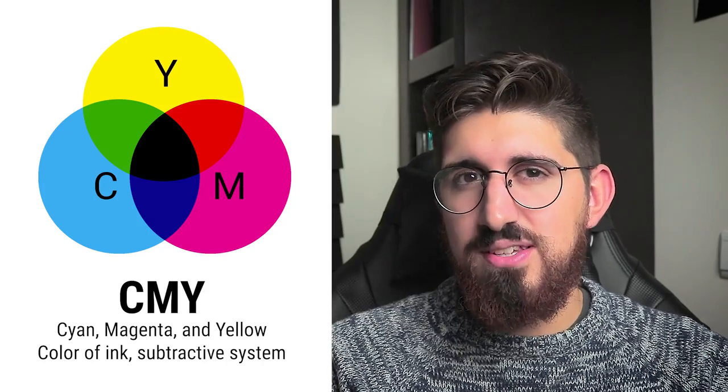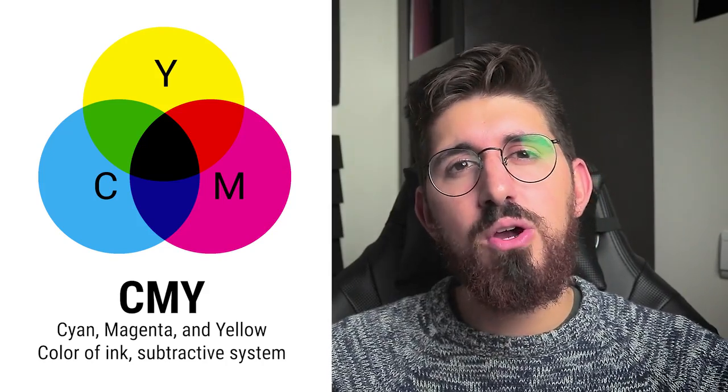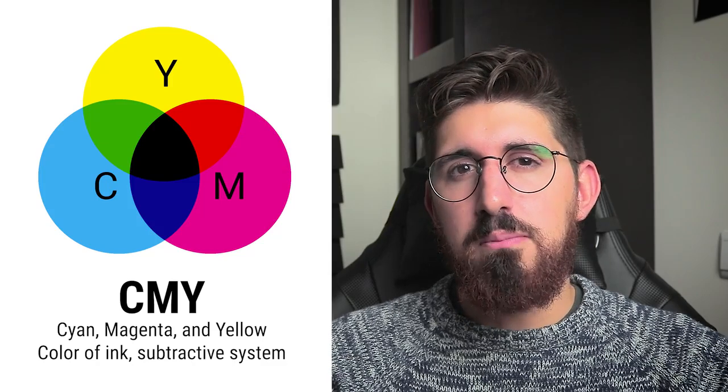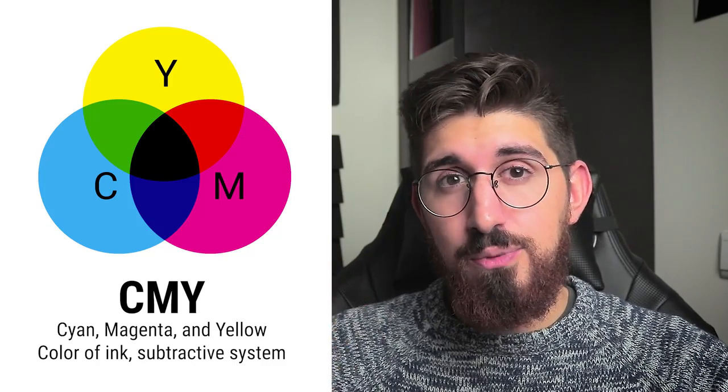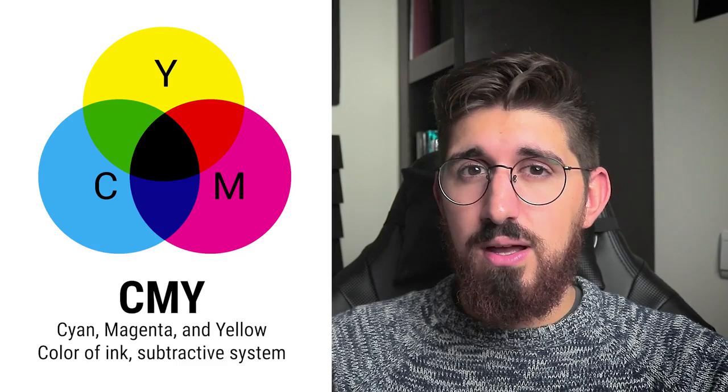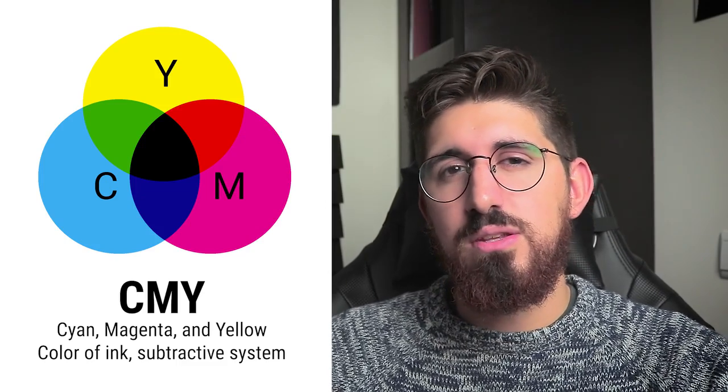Every child that starts drawing and painting in arts class is taught that these are the three primary colors, red, yellow, and blue, but it's not accurate at all because you can't create these three colors with this system. It's impossible. The right subtractive color system is CMY: cyan, magenta, and yellow. Yellow is the only correct color in the RYB model. And by mixing these three colors of ink, you can create almost every color you can see in the world.